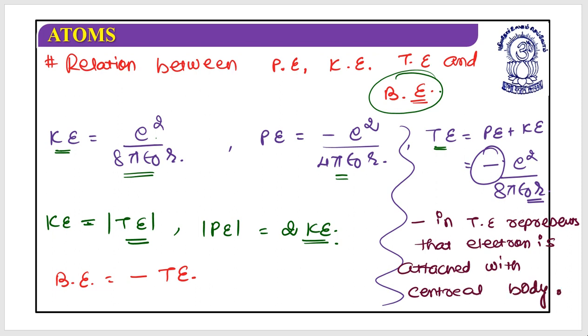Yes, it has been attached with the central body. That means here the central body is the atom. If it has been provided a certain amount of energy such that this becomes zero, then it will leave that orbit and move to infinity. That's the binding energy. I hope this is clear.